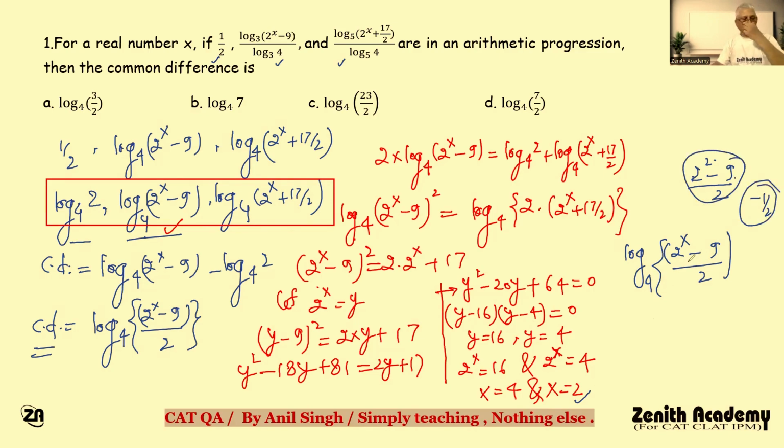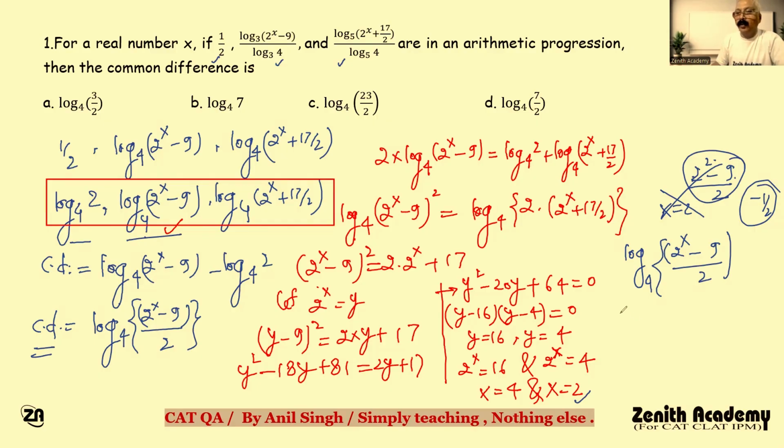And you know, there is no log value of a negative term. This means x is equal to 2 is not our desirable value for this question. So here, simply x is equal to 4 is the proper value of x.